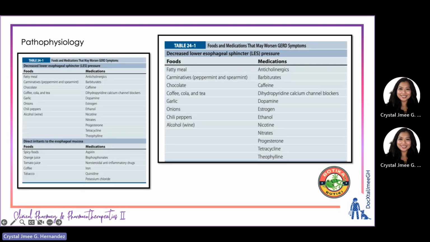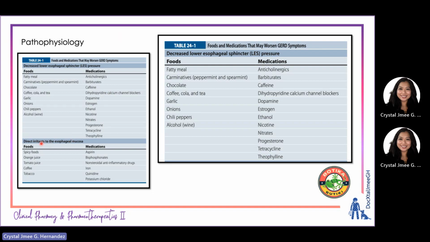Now, we have here a table that summarizes the different foods and medications that may worsen GERD symptoms. For the foods, we have fatty meals, chocolates, coffee, onions, and garlic, and they are attributed to decreasing the lower esophageal sphincter, LES, pressure. We also have medications such as caffeine, nicotine, nitrates, tetracycline, and estrogen.